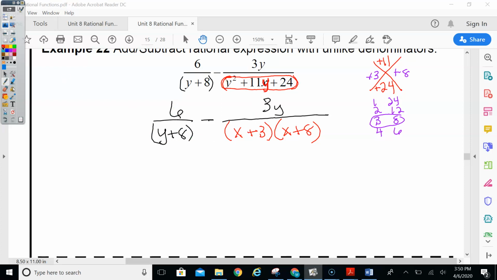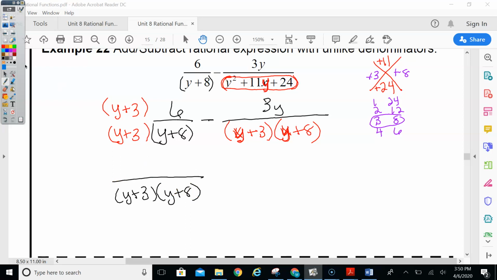Oh, sorry, those should be y's. Well, it has the y plus 8, it's missing the y plus 3. So over here, you need to multiply by y plus 3. That way they have the same denominator. So y plus 3, y plus 8 here.